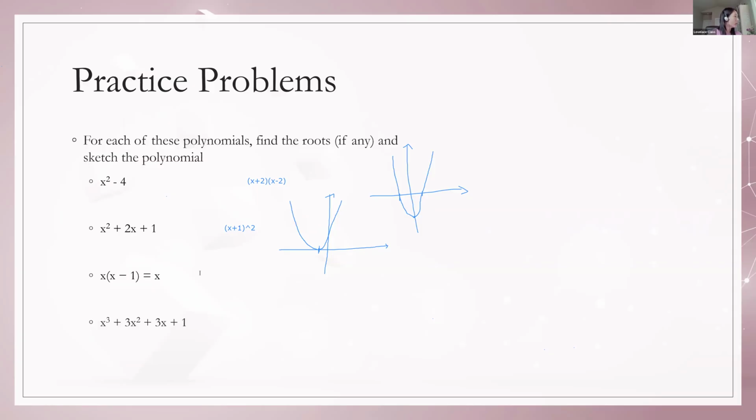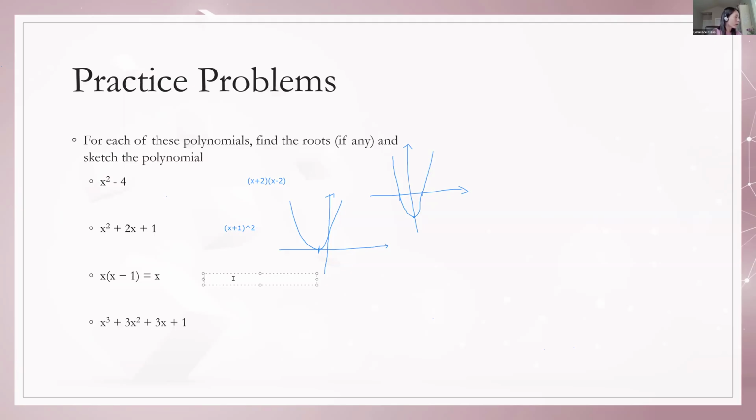For number 3, this one's not exactly a good form, but the important thing is that you can't just divide by x on both sides directly, because then you'll miss a root. If you divide both sides by x, you disregard the case where x is 0. You'd just get x minus 1 equals 0, so x equals 2.